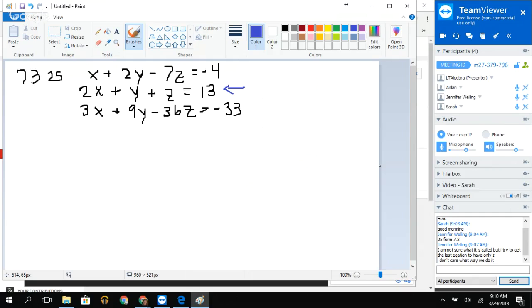So let's try that. So z would just be 13 minus 2x minus y. Okay, so then we're going to take that z and substitute it into our other two equations.